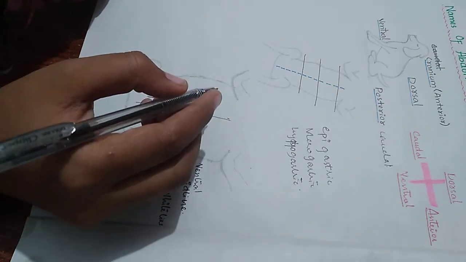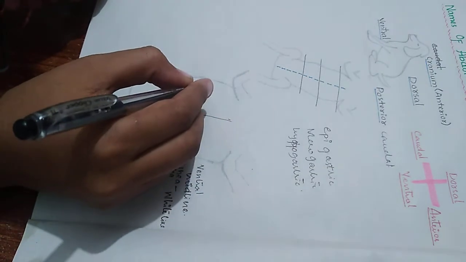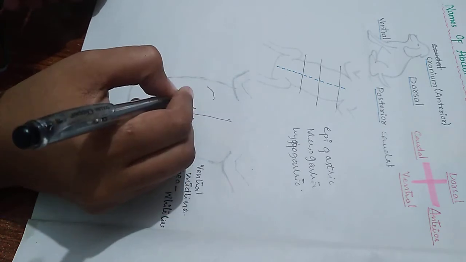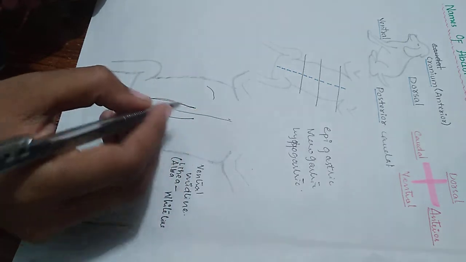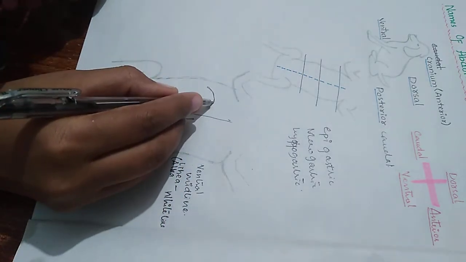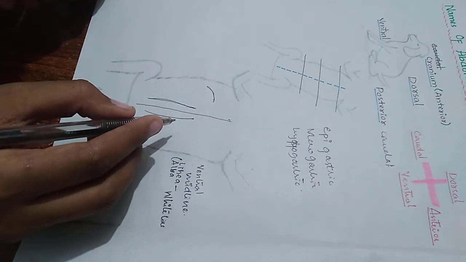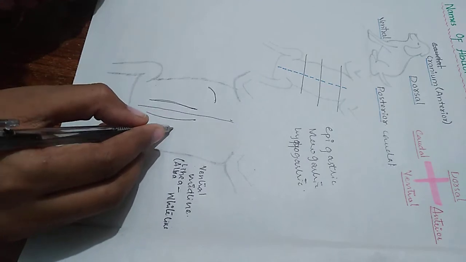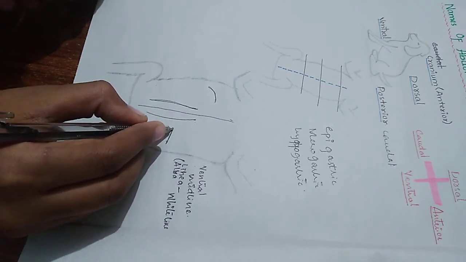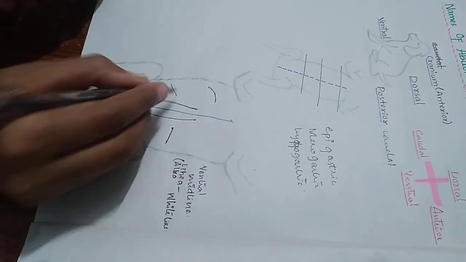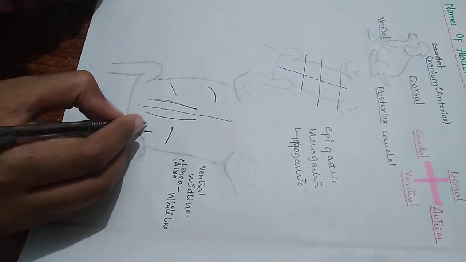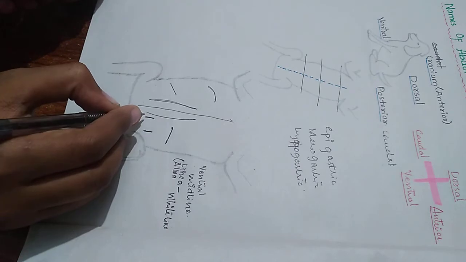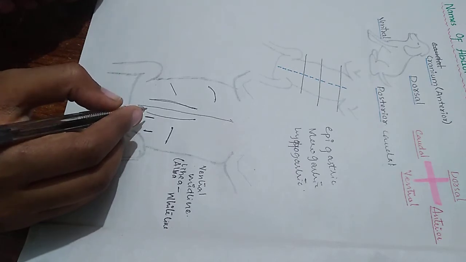Paracostal incisions may be from this side, right? So these are the paramedian incisions, paracostal incisions, and then we have the flank incision. Flank incisions are in this way: right flank incision, left flank incision, and then we have inguinal incisions, and over here this one is a parapetrial incision, right?